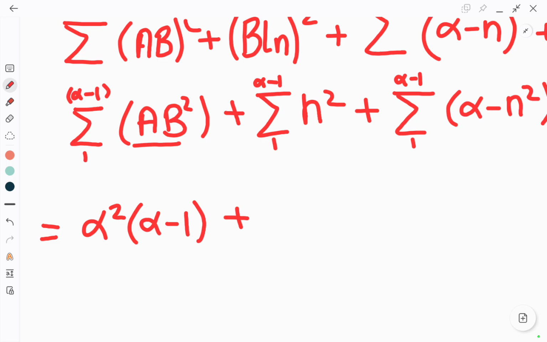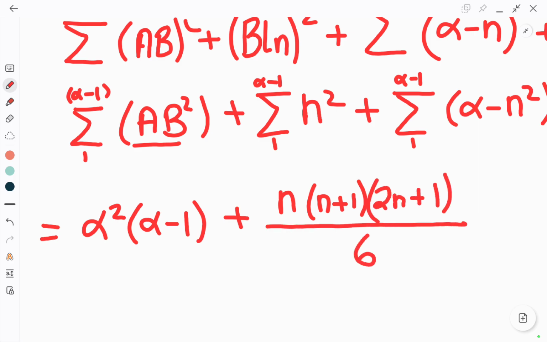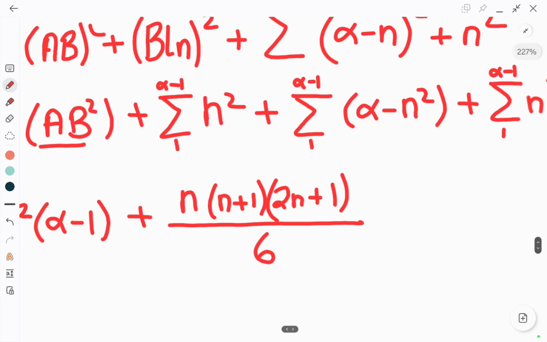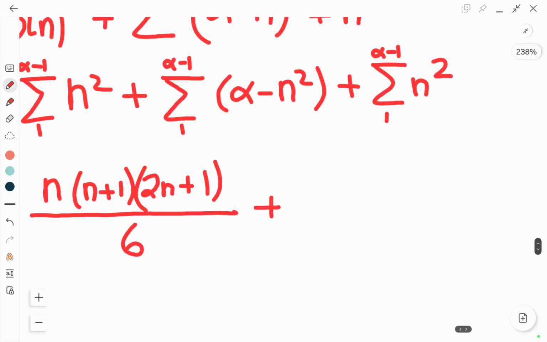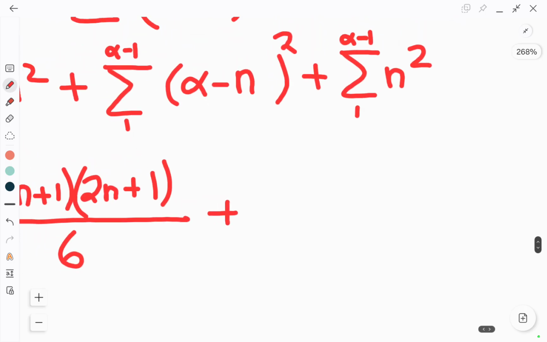For n square, we know that the value we get is n into n plus 1 into 2n plus 1 by 6. I will put n is equal to alpha minus 1 after this, and here it is whole square. So I'll solve this later.